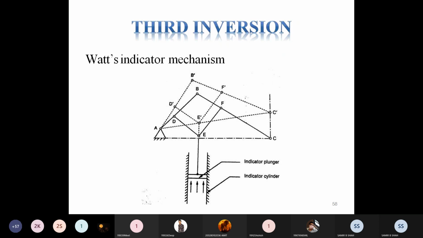So just see the diagram, which gives you A, D, B, that means AB, C, D, E, F. And this is the condition after applying the load, as shown in the figure.